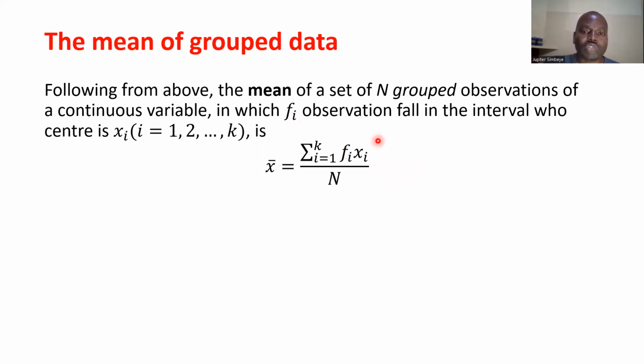Now, you may notice the difference here. The only difference is the replacement of Ri by Xi. So here we have X, there we had R, and there we had R bar, here we have X bar. The way you do it is just the same, except that we have replaced Ri with Xi, and Xi here is the class center. So basically that's the difference, where in that case, Ri was just a distinct observed value of a discrete variable.